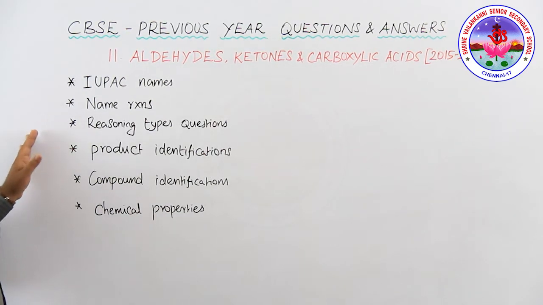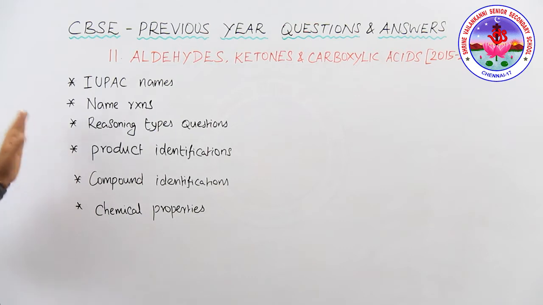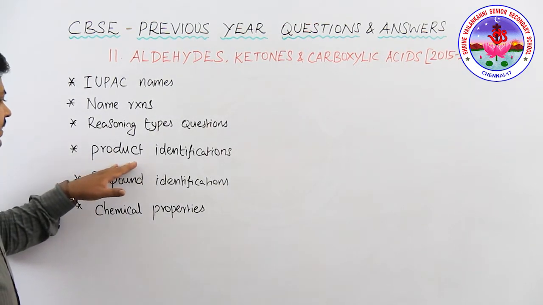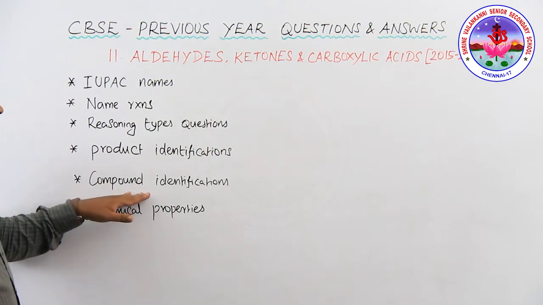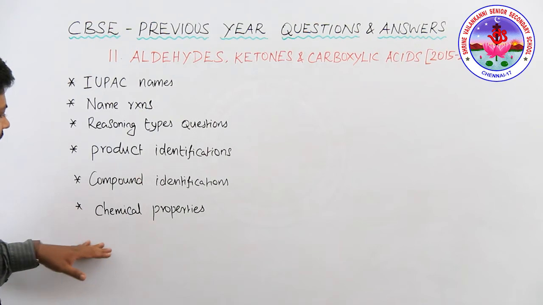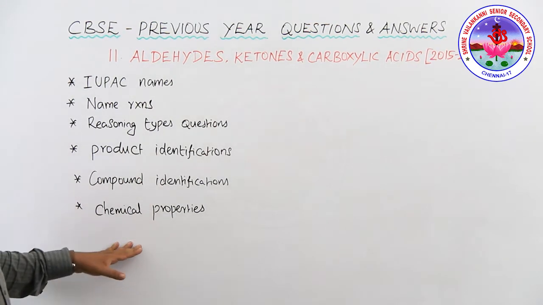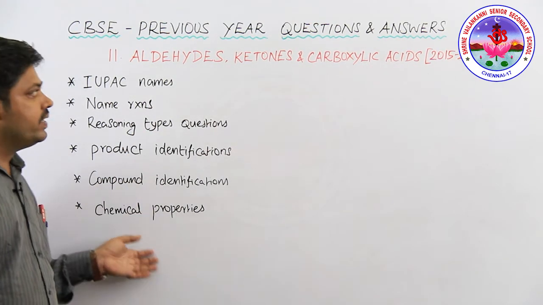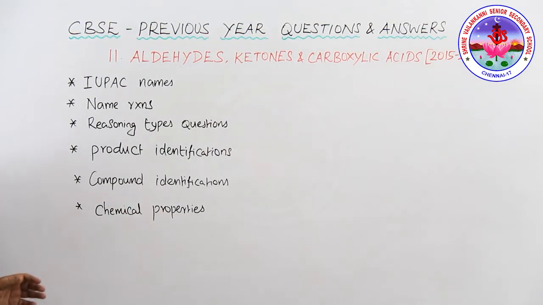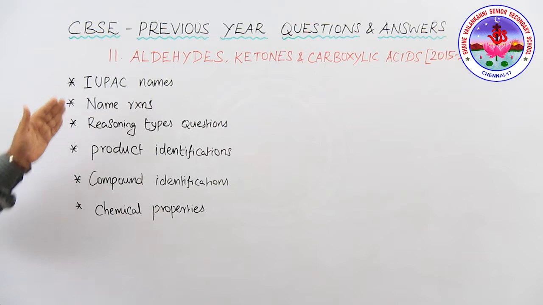Then the reasoning type questions, the product identification, and then the compound identification. Many questions of this type are available in this lesson. And the chemical properties, meaning the chemical properties of aldehyde, ketone and carboxylic acid. Now we'll see that list one by one.